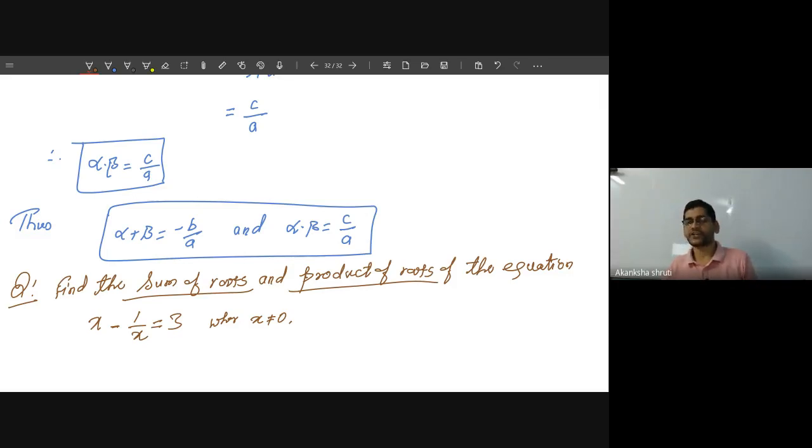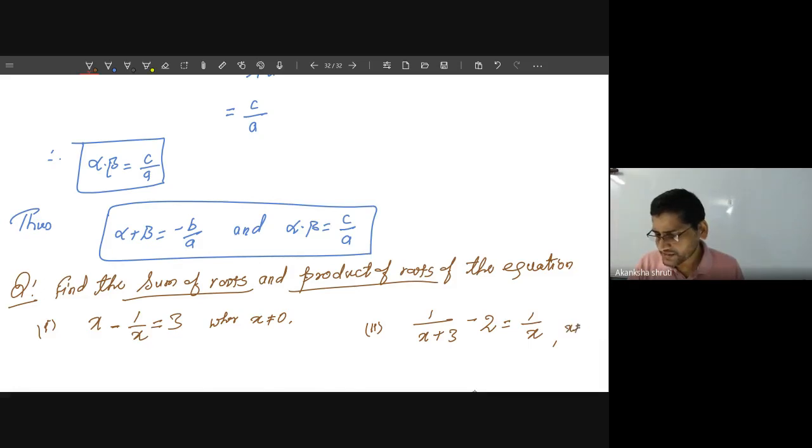It may be given in terms of ratios, or x may be in the denominator. That is the difference between a quadratic polynomial and a quadratic equation. So let us take this as 1, the other one also. 1 by x plus 3 minus 2 is equal to 1 by x. Here also x cannot be 0 and minus 3.